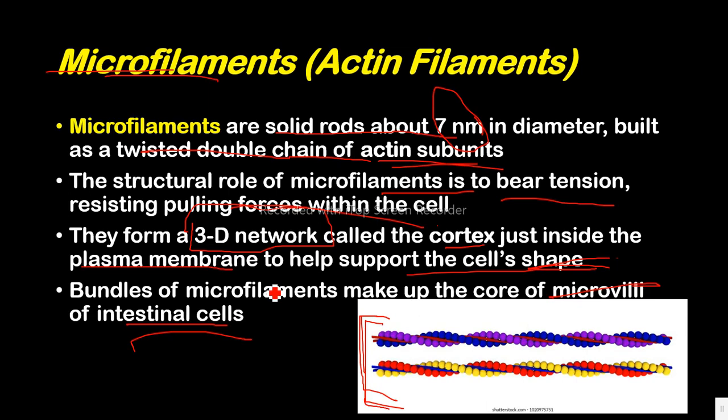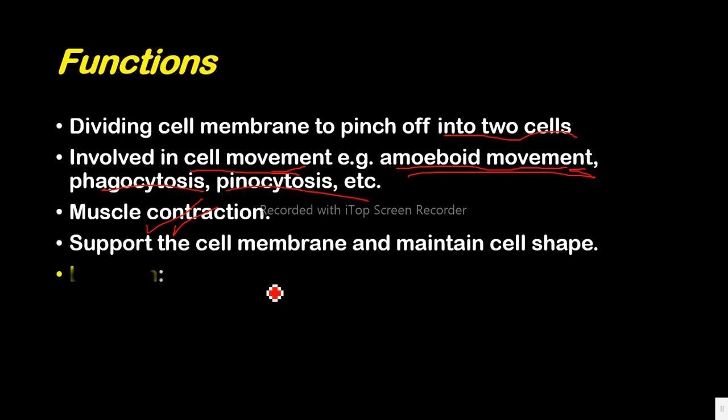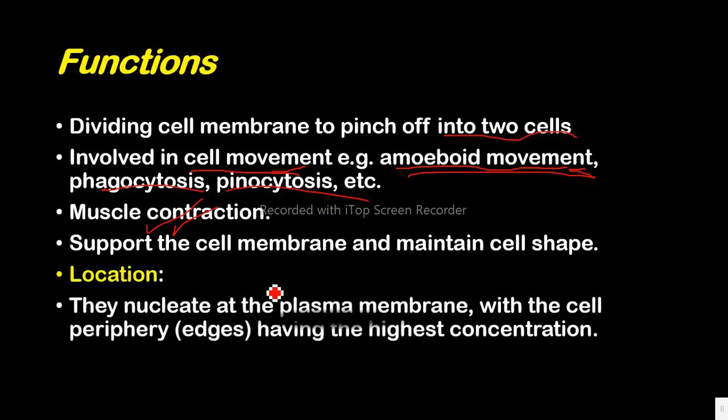Okay, the previous slide is done. Then they support the cell membrane and maintain the cell shape. What do you expect? They nucleate at the plasma membrane, with the cell periphery, or the edges, having the highest concentration in those periphery ends within the plasma membrane.